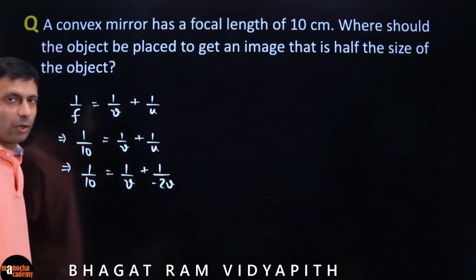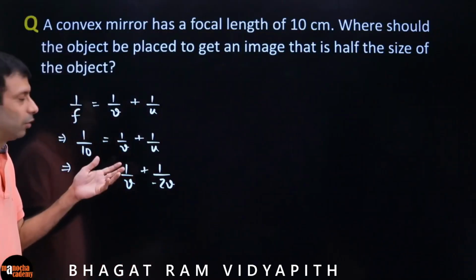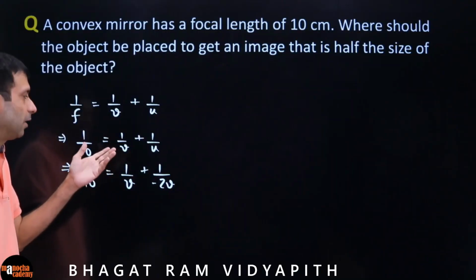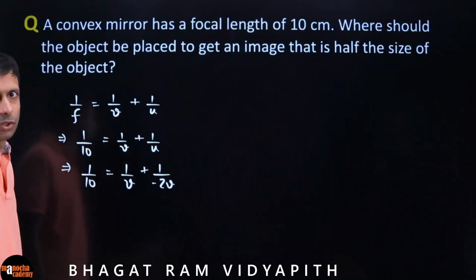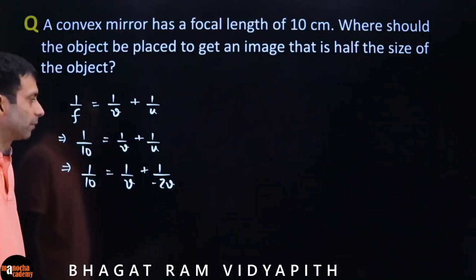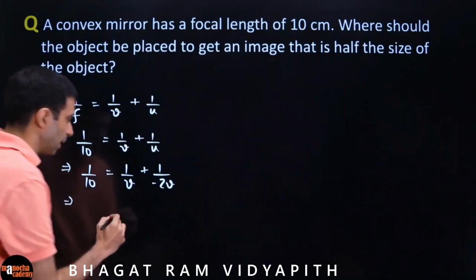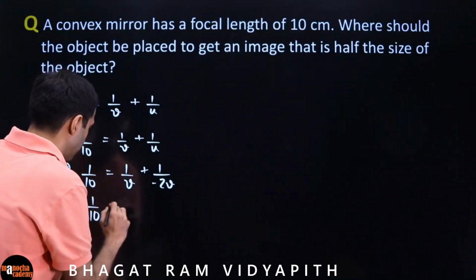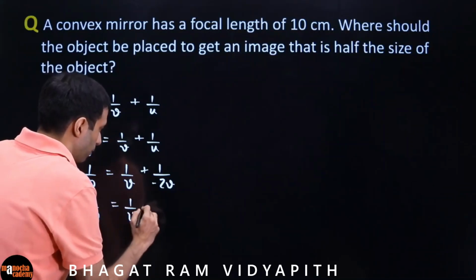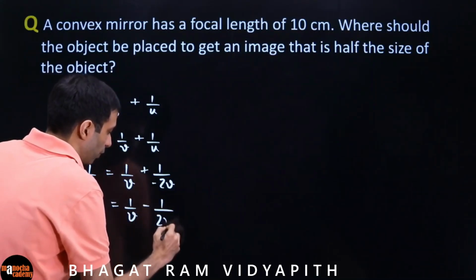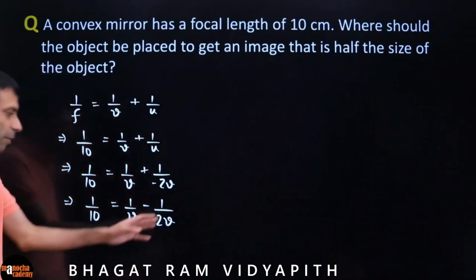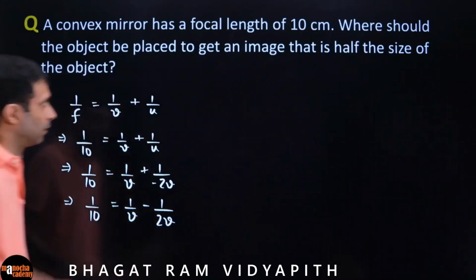So based on this you calculate v, and then you can calculate u, or you could have done it directly, you could have changed the v into a u, whichever way you want to go. So here how will you guys do it? Please do this carefully. This is 1 by 10 is nothing but 1 by v minus 1 by 2v. So maybe you can take the 1 by v common.